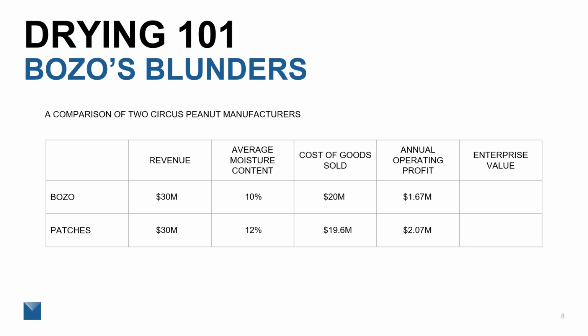Most publicly traded food companies' stock price and company value is about 15 times operating profit. That makes Bozo's business worth $25 million. Not bad, but then consider that Patches' business is worth $31 million, a difference of $6 million.